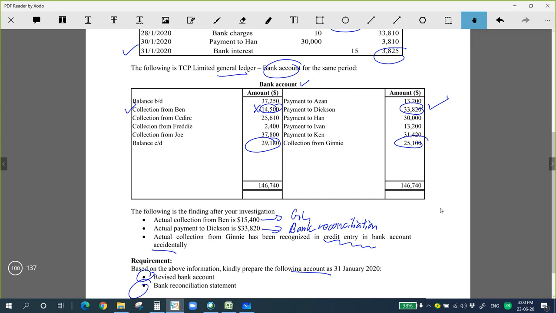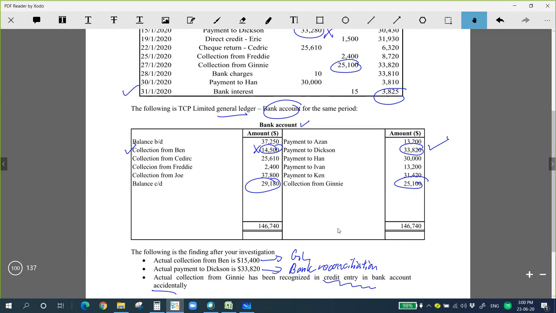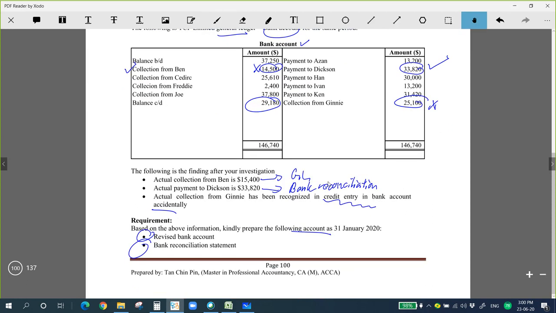But we recorded it in the credit entry. So the bank statement is correct and the accounting record, the ledger, is wrong. So in which account do we adjust this? Yes, the ledger. We have to adjust this in our ledger.